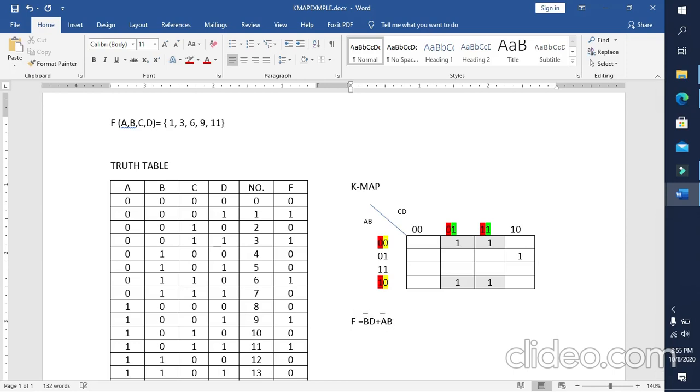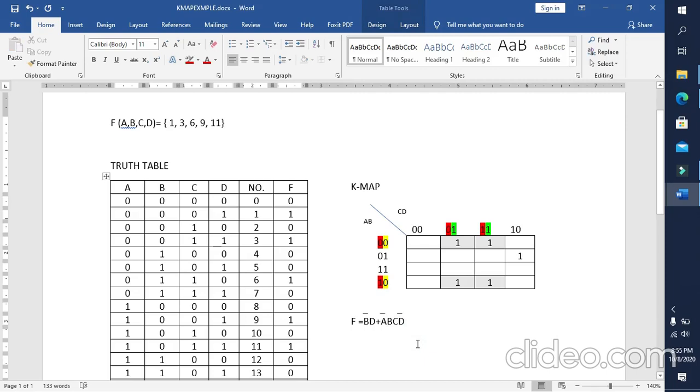B is only B. Then I have the C and the D. D prime. Sorry, D prime. So write D prime. Okay. So this is now my equivalent logic expression.